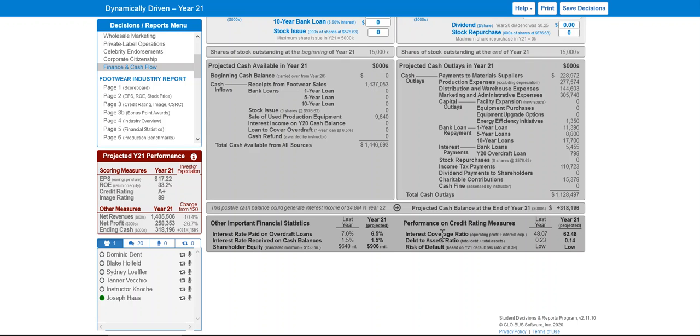This interest coverage ratio, the higher the better. I don't know if anyone has to write about this, but I'll cover it just in case. We've always had a very high coverage ratio. So this is a very 62. Well, actually last year we had 48. That's very high. Your debt to assets ratio, this is the lower the better.